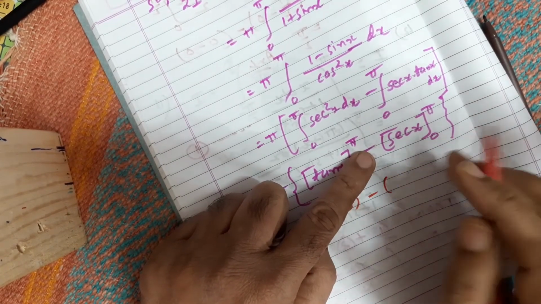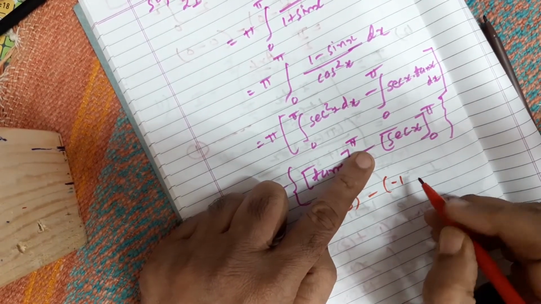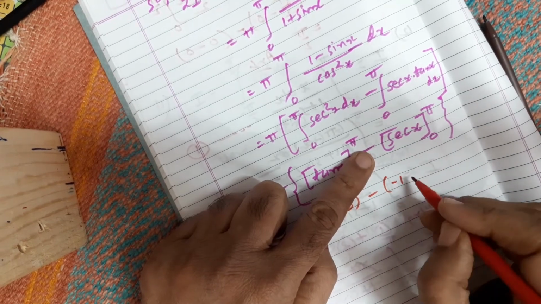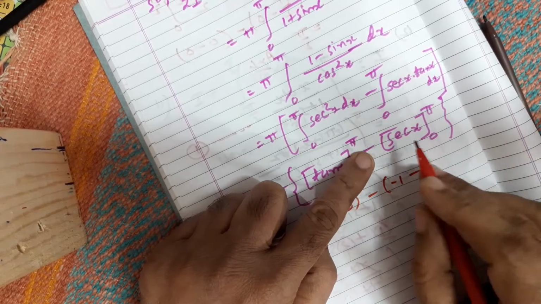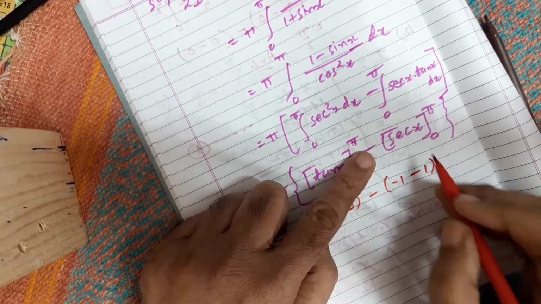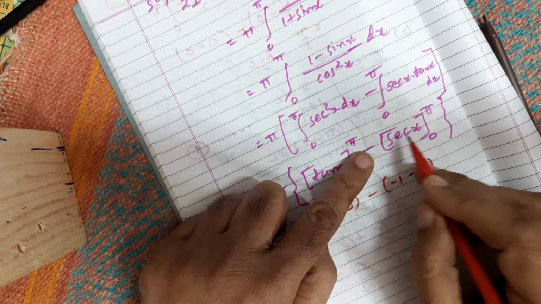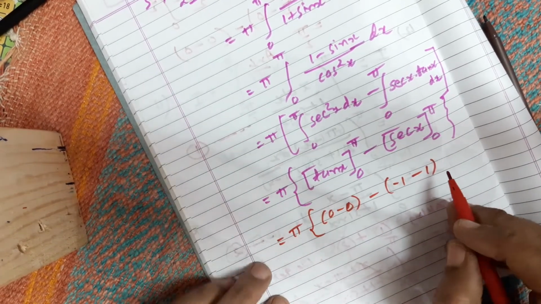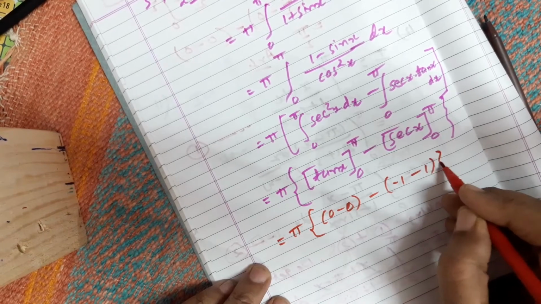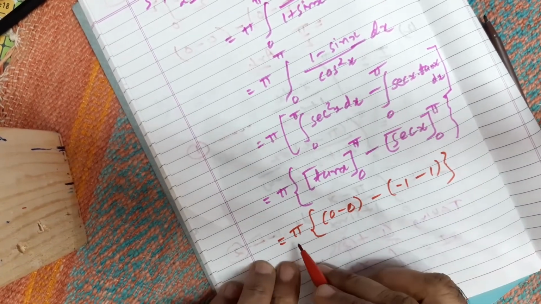Cos pi is minus 1, so sec pi is also minus 1. Minus sec 0, and sec 0 is 1. So sec pi minus sec 0 is minus 1 minus 1. And again I am telling you, the bracket is because of the pi.